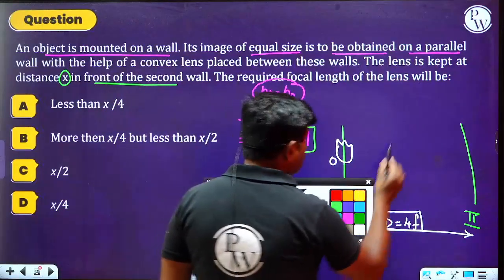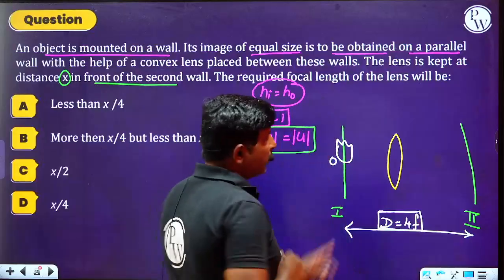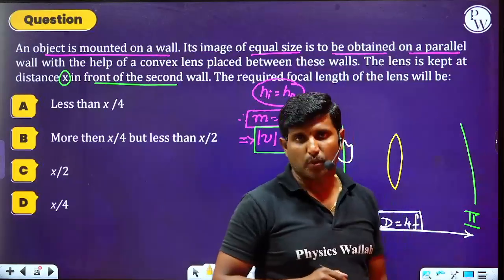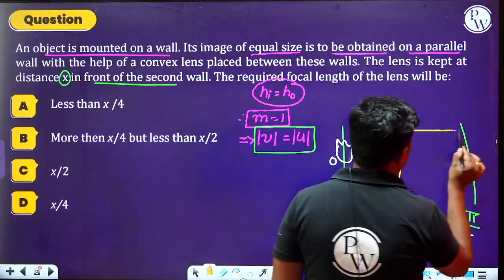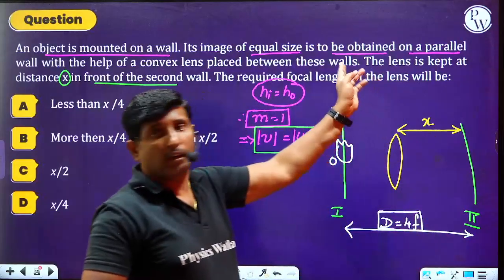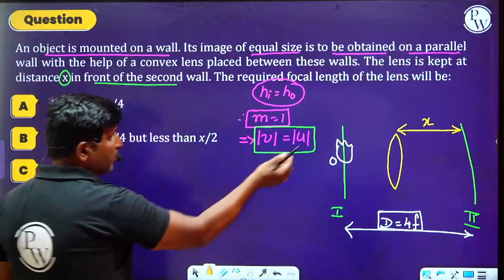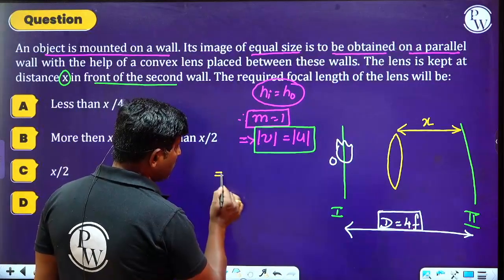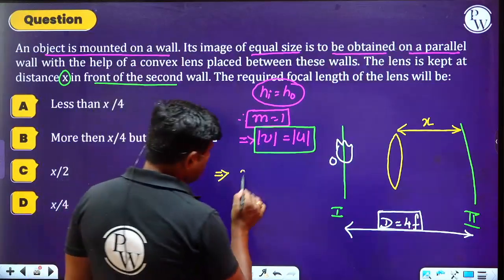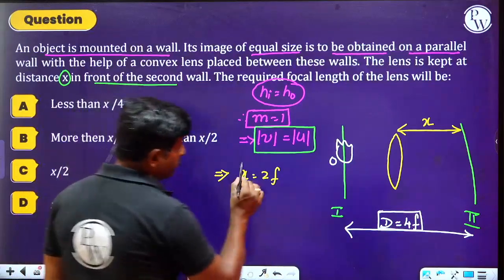Whenever a lens is placed so that a same-size image is obtained, the lens is placed at a distance of x from the second wall. From this knowledge, we can say that x must be equal to 2f.